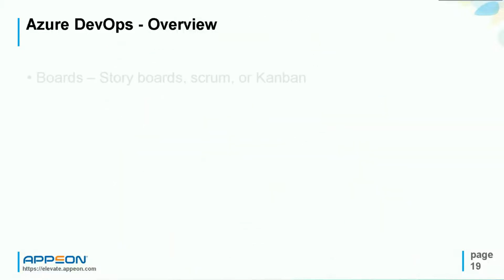Now we're going to go through a quick overview of Azure DevOps. Azure DevOps is a bunch of different sets of functionality that is all tied together in one system. One of those areas is Boards, and this follows the Agile Scrum framework of doing software development.